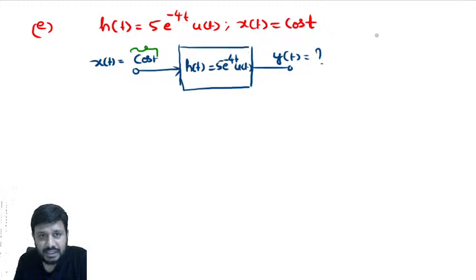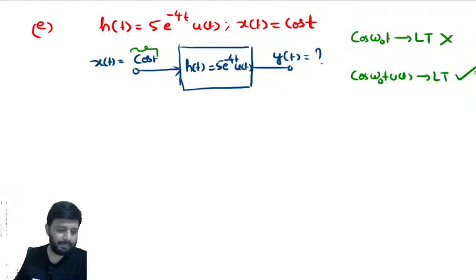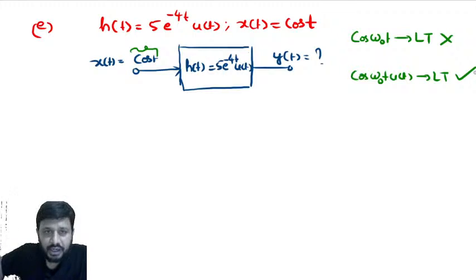Remember, Laplace transform of cos omega naught t does not exist, but Laplace transform of cos omega naught t u of t exists. You can find the Laplace transform of cos omega naught t u of t, but you cannot find it for cos omega naught t. For these kinds of power signals, you cannot find it.